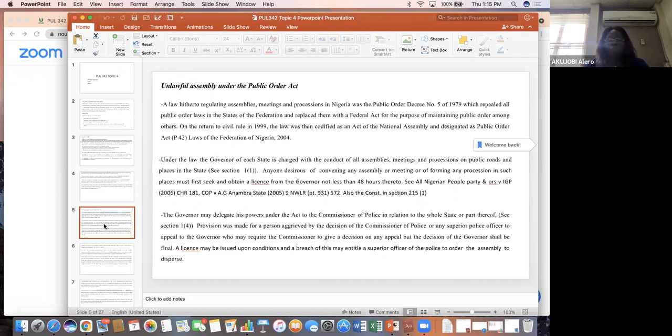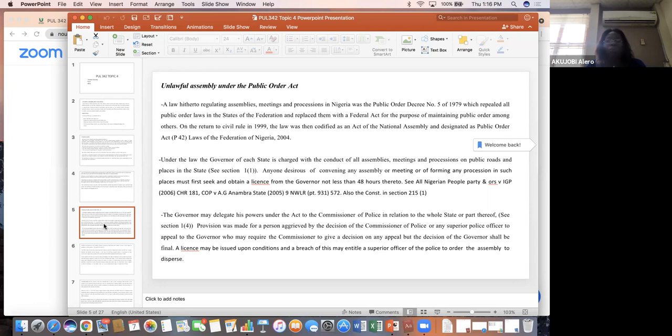We also have the case of COP and Attorney General of Anambra State, and also the provisions of the Constitution in Section 215, subsection 1, which provides for the governor of any state of the federation being in charge of all assemblies, meetings, or processions on public roads. The provisions of Section 215 are to the effect that it's only the governor that has such a mandate. It's not the police officer or even the commissioner of police. However, the governor may delegate his powers under the act to the commissioner of police in relation to the whole state or part thereof.